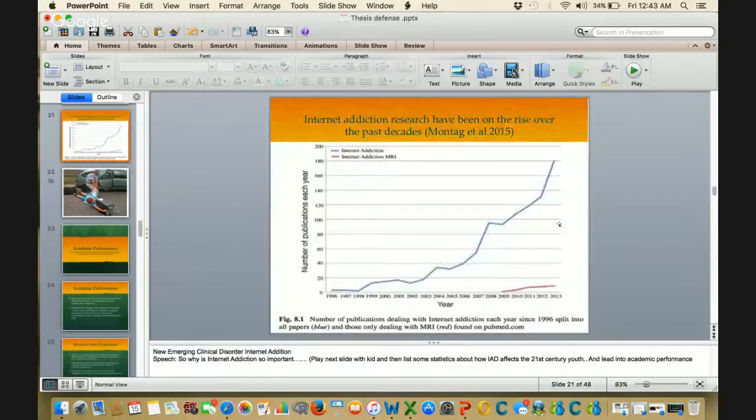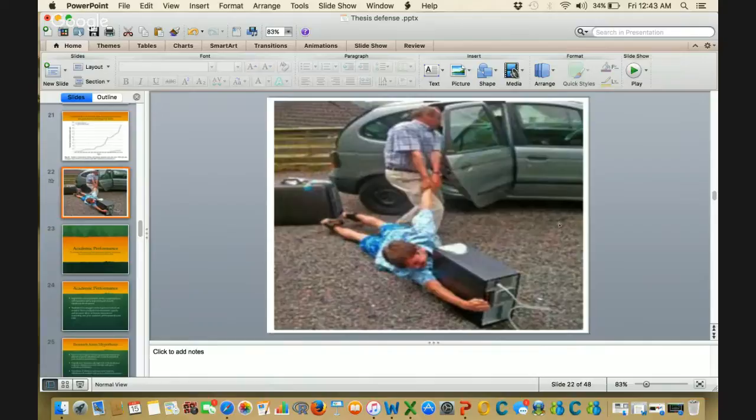So why do you see a sudden increase in addiction research? The majority of the increase in internet users are between the ages of 14 to 21.